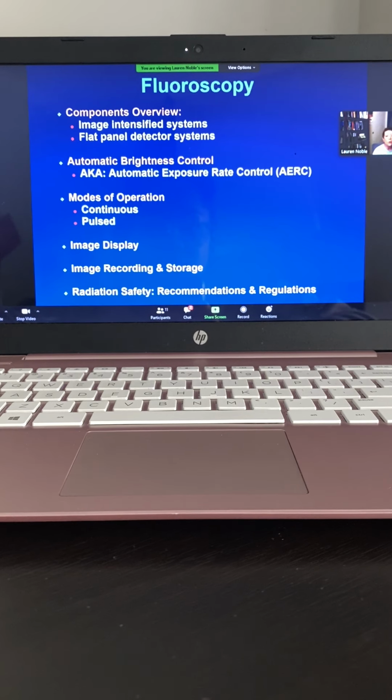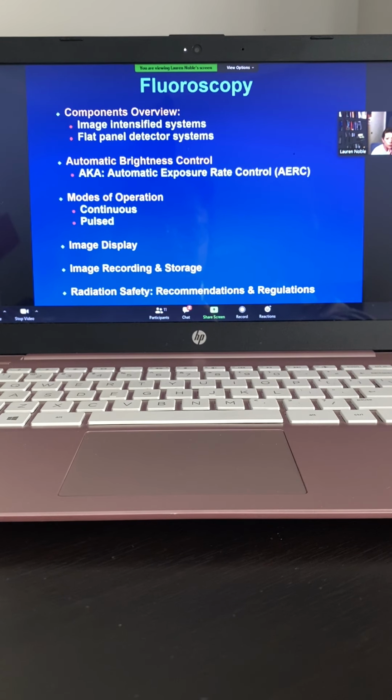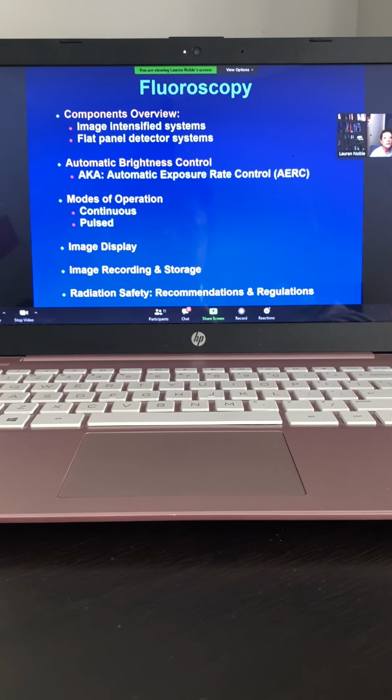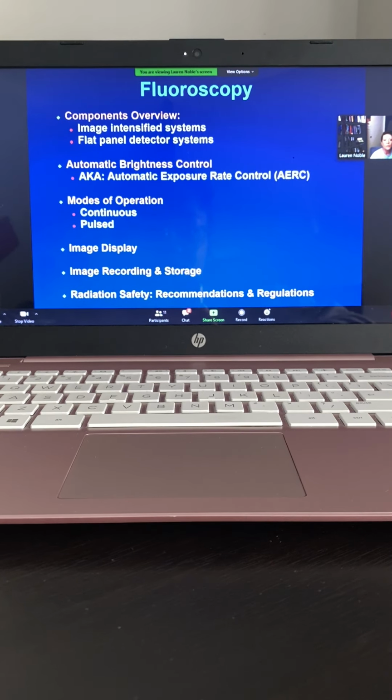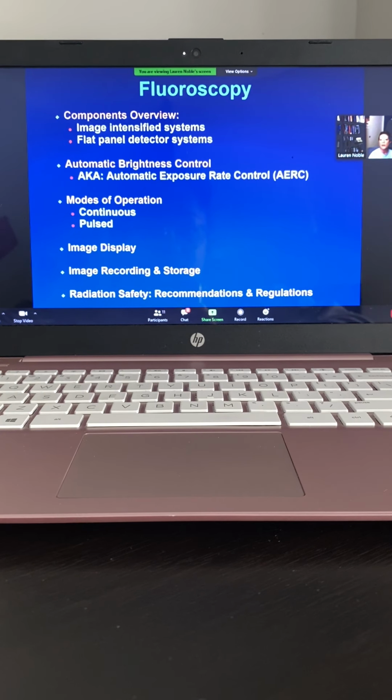Okay, so for fluoroscopy, there are two different types of fluoroscopy systems, and they're the same, but yet they're different because of the components that make up the fluoroscopy unit.